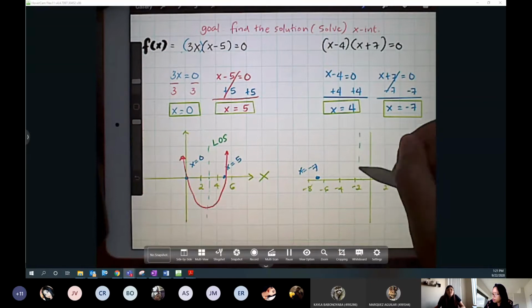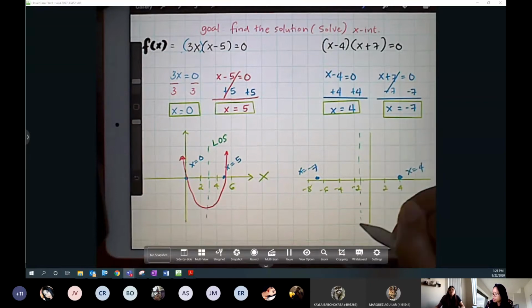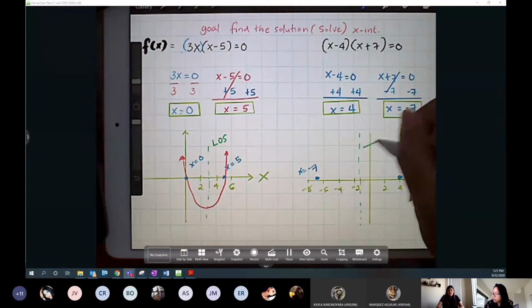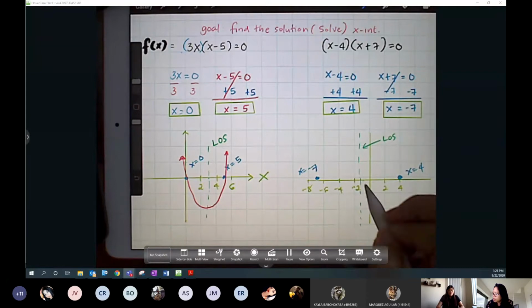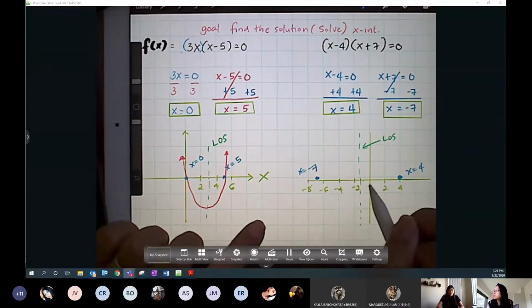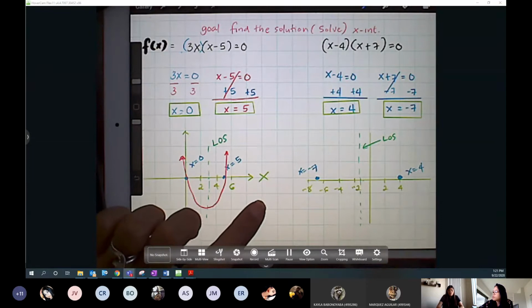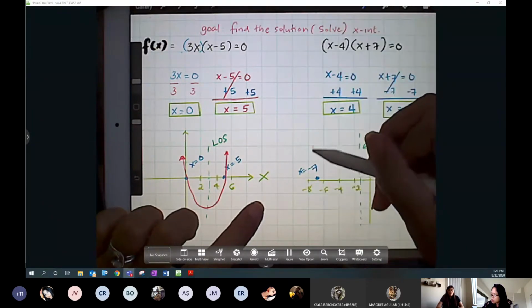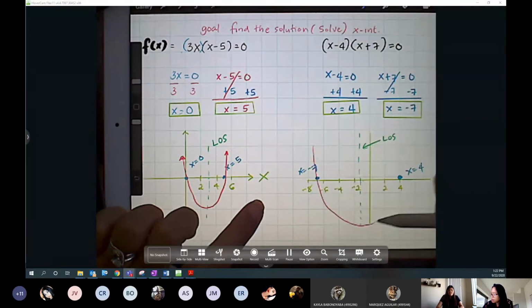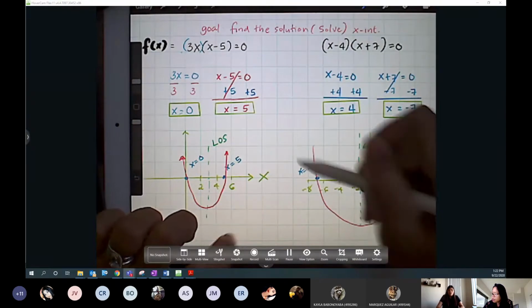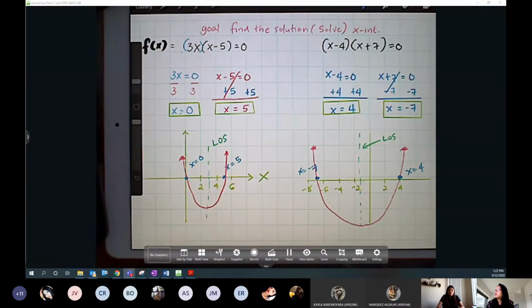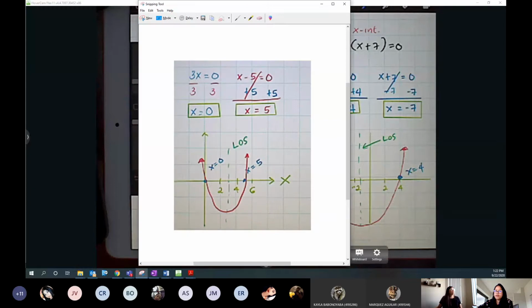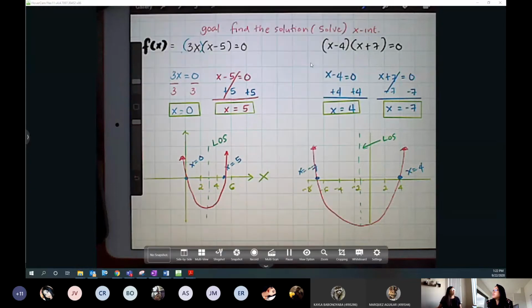So the parabola is going to have its line of symmetry somewhere between negative 0 and negative 2. So that was fast.